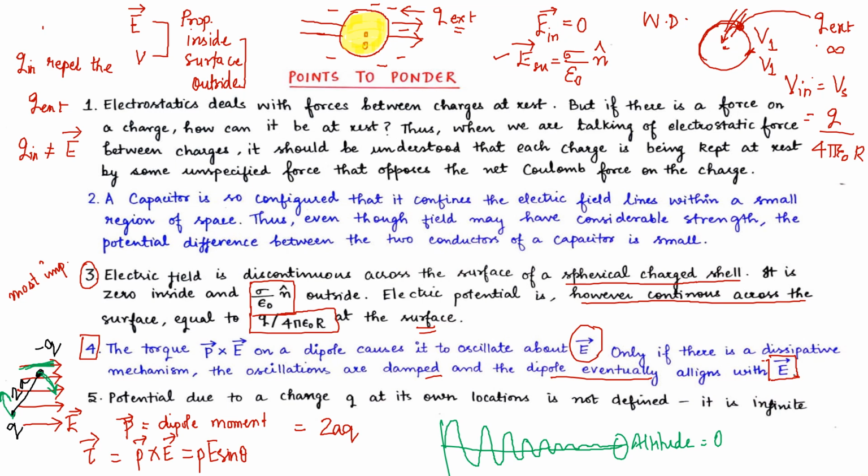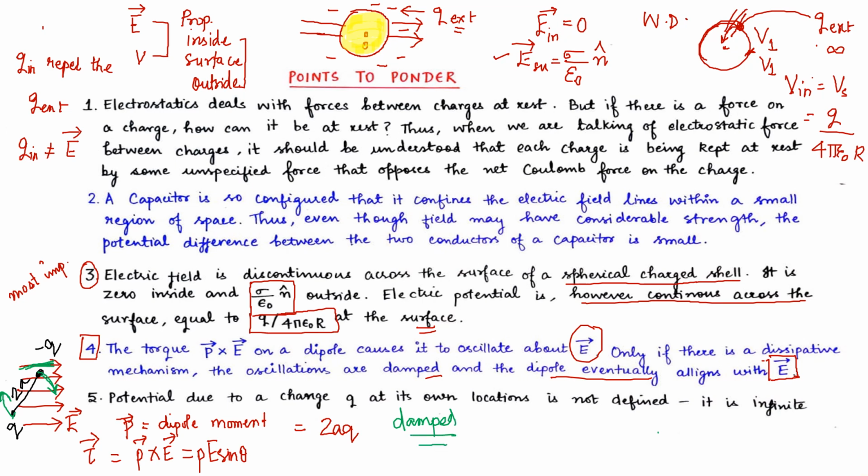Same happens with the dipole. This dipole keeps on moving here, here, here, and then in this motion, due to the torque, this dipole reduces its energy. So as it reduces energy, these oscillations made by the dipole are damped.